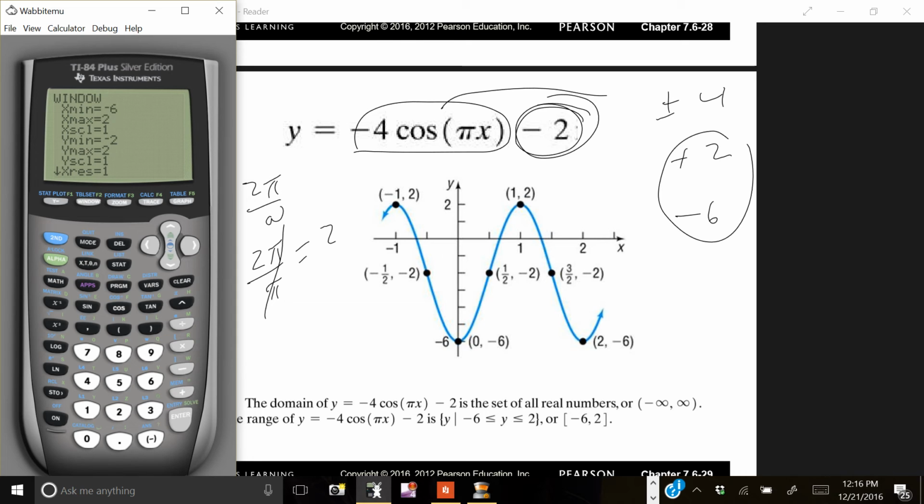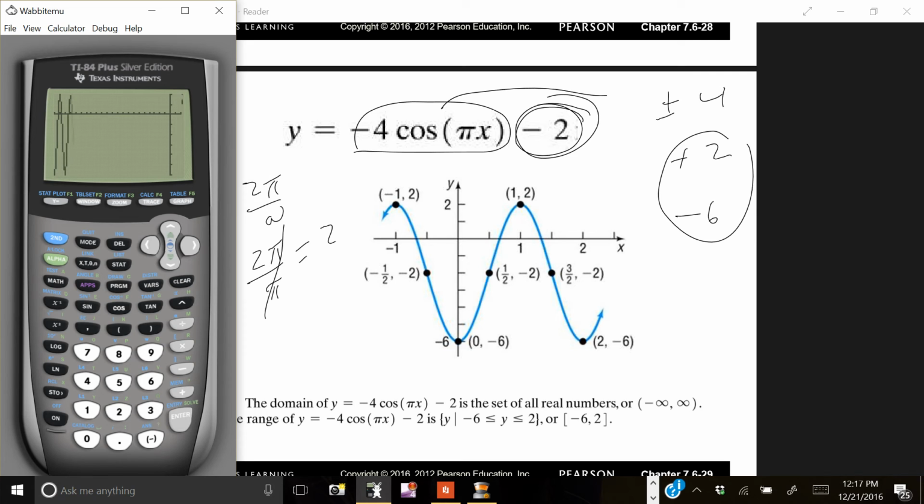And the x min should go from, since the period is 2, go from minus 2 to plus 2. And the y min should go from minus 6 to plus 2.